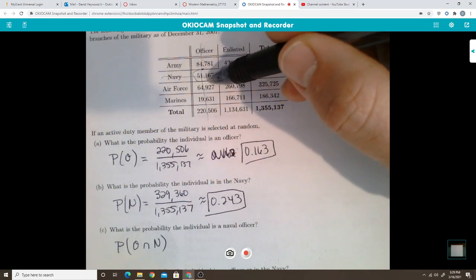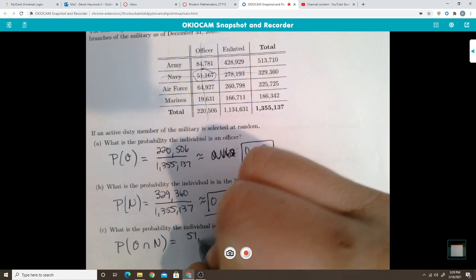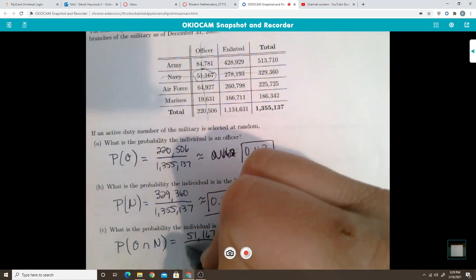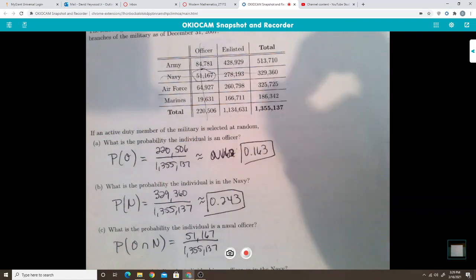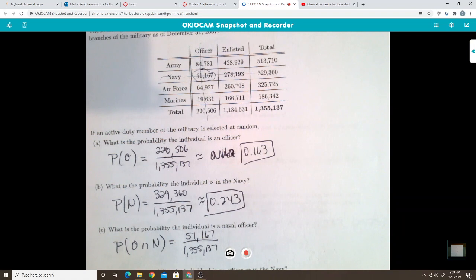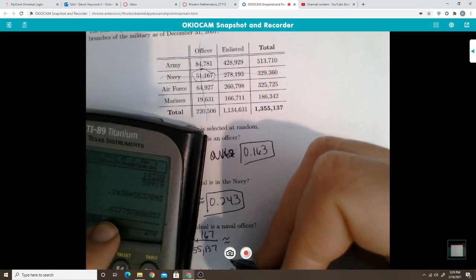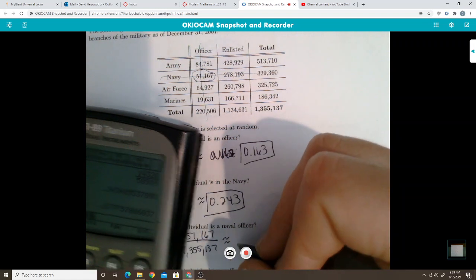So it's 51,167 out of 1,355,137. And that comes out to about 0.038.